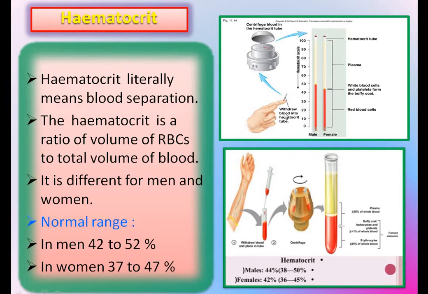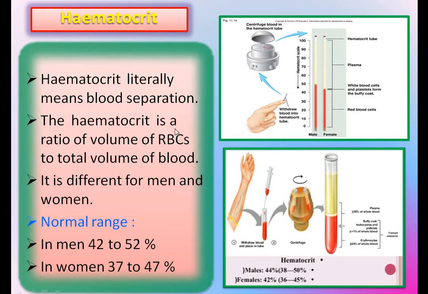Here the blood is withdrawn into the hematocrit tube and centrifuged, and due to centrifugation the plasma and the blood formed elements are separated.